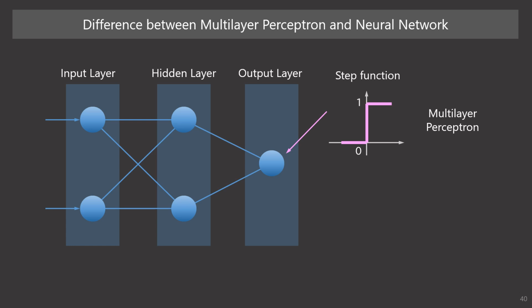A step function is a discontinuous function that only returns two values, 0 or 1. On the other hand, a sigmoid function is a continuous function that can return every value between 0 and 1. This is a meaningful difference in the application of a neural network.